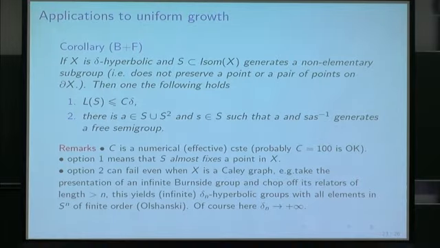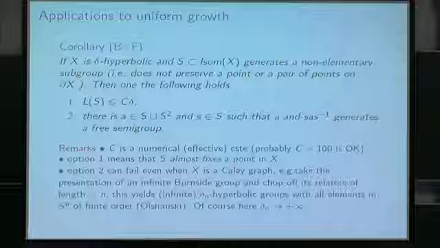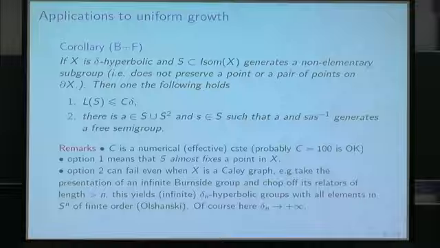Suppose you have a set S that generates a non-elementary subgroup, so it doesn't fix a point or a pair of points on the boundary of a delta-hyperbolic space X. There's no other assumption, and S can be any finite set like that.